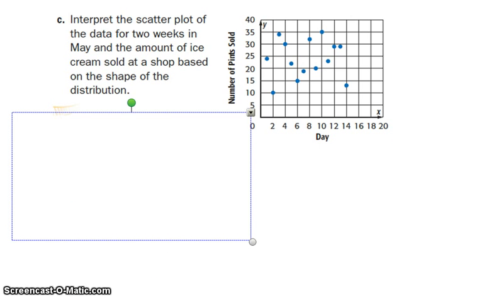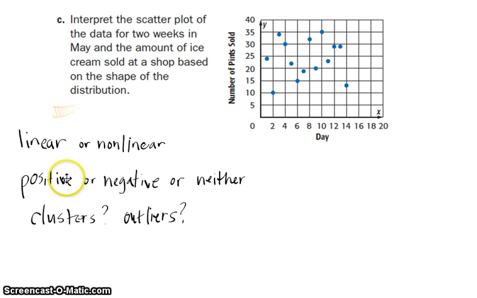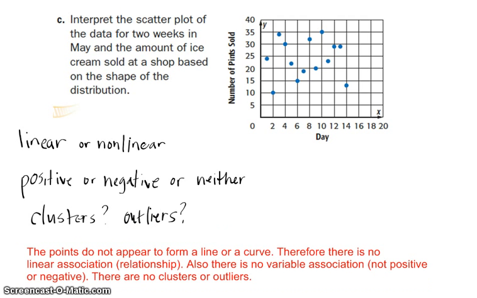Okay, let's see what you did here. Linear or nonlinear? Positive, negative, or neither? Clusters or outliers? All right, let's see what we got here. You can see these points are kind of all over the place. It doesn't form a line and it doesn't form a curve.